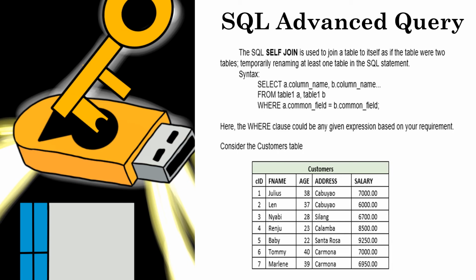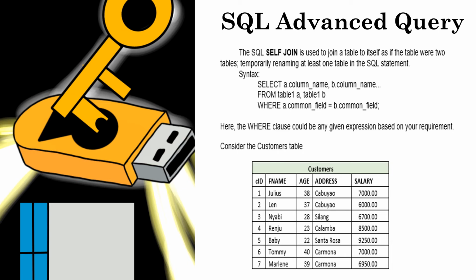How about the self-join? This is used to join a table to itself as if the table were two tables, temporarily renaming at least one table in the SQL statement.